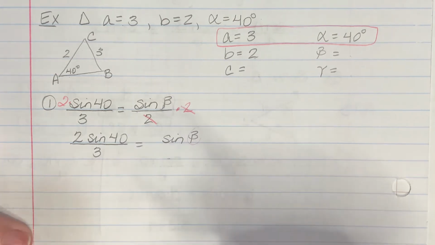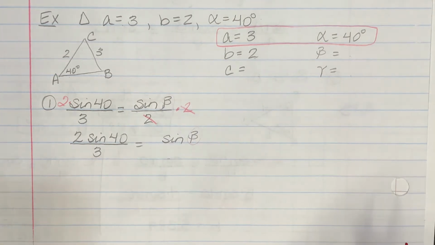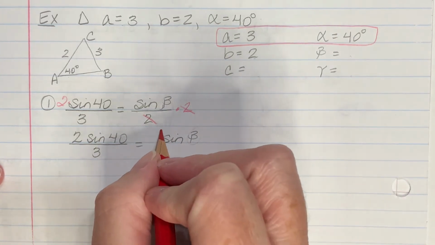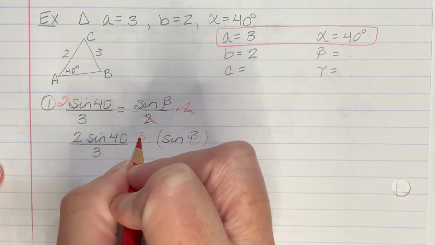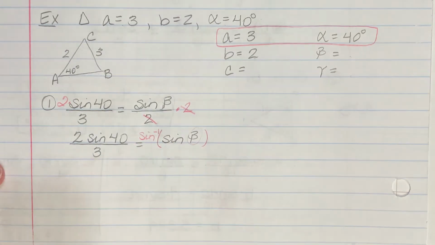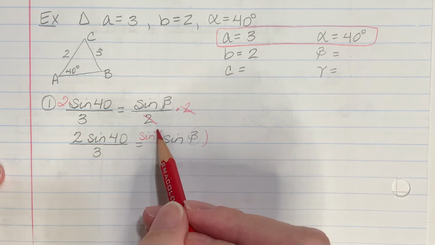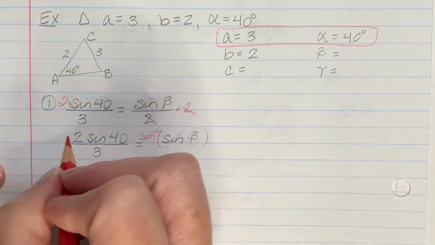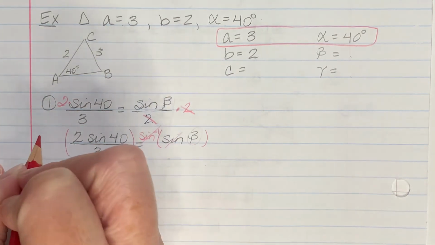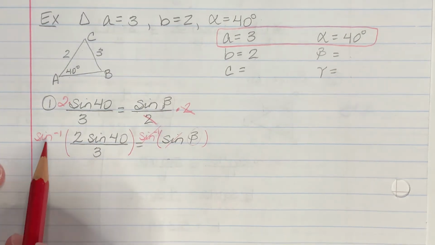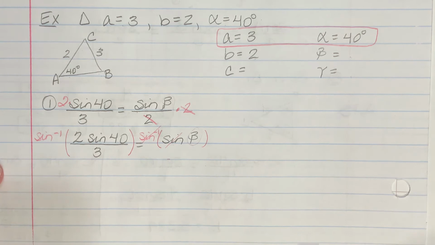Well, if you remember correctly, when we're solving for angles, we're going to do inverses, and the inverse of sine is just that. So sine inverse and sine will cancel out. But whatever I do on one side, we're going to do to the other. So we're going to do sine inverse of all of this.